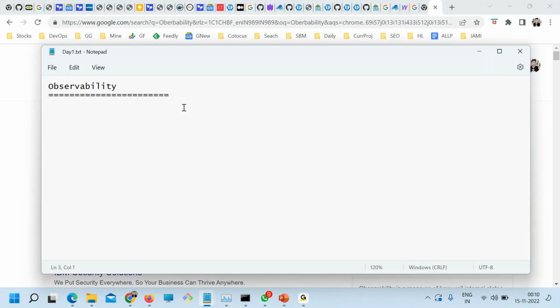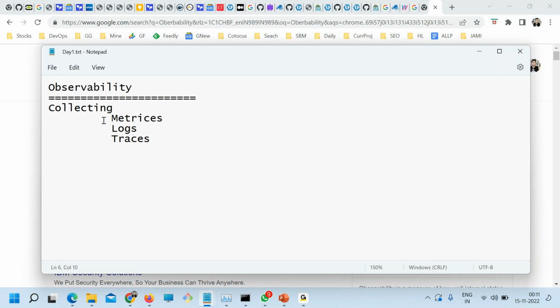So observability means collecting metrics, collecting the logs, and then collecting the traces. So these are the things we are going to collect.